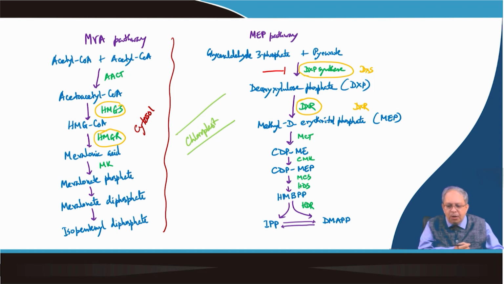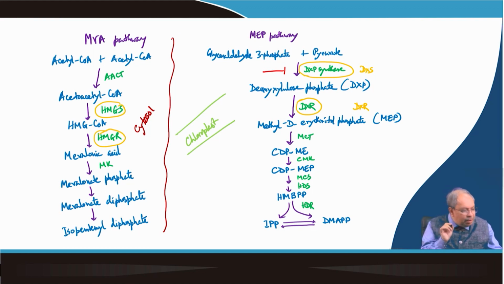And much later when the MEP pathway was described, it was found that the MEP pathway significantly contributes to terpene, monoterpene biosynthesis, and indeed the MEP pathway's contribution is more than MVA, particularly for monoterpene biosynthesis, which is basically operating inside the plastid. Okay. So, that aspect we will come to.